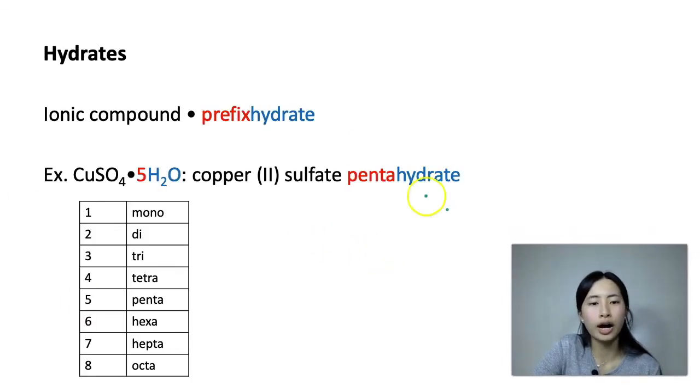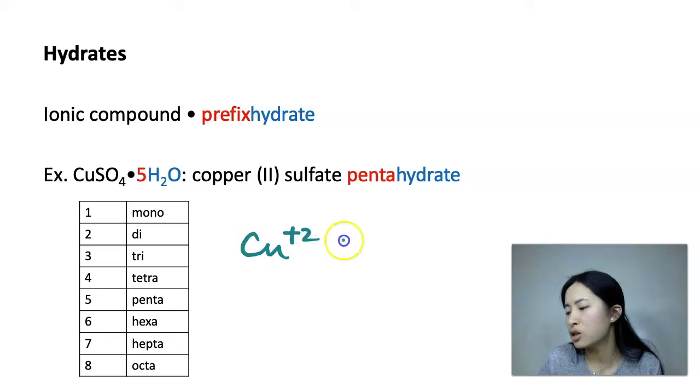Now moving on to hydrates, we have ionic compounds and we have a prefix, which is an indicator of the number of water molecules that is present. So for example, if we're looking at CuSO4·5H2O, we simply have to apply the rule for naming ionic compounds. And if you haven't watched that video, please do before watching this video. So if you're naming ionic compounds, going back to CuSO4, we know that copper carries a charge of +2.